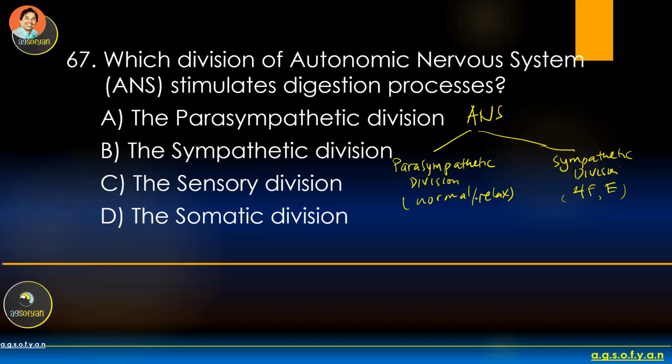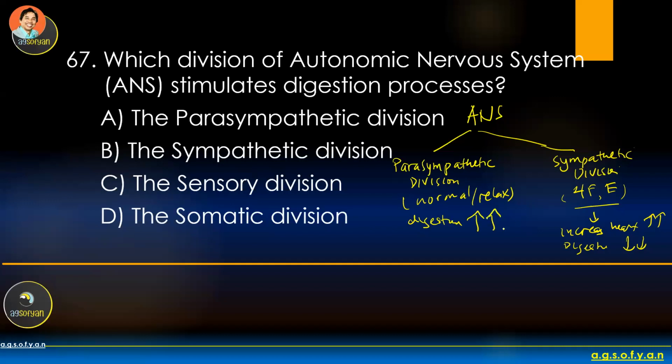Now, when we are in angry time or maybe fight or emergency, it will increase heart rate, right? So our heart rate and breathing rate increase, but our digestion will be decreased. On the other hand, during the parasympathetic division, or normal relaxed time, our digestion will be increased.